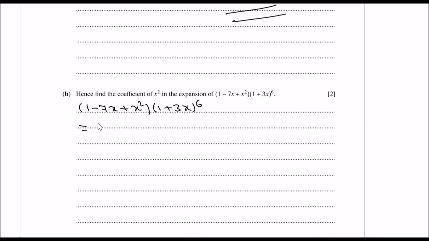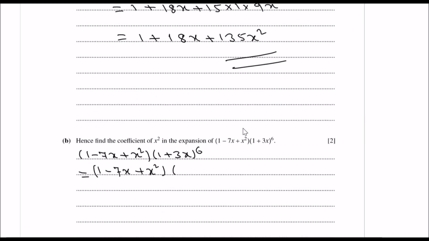So write this first bracket as it is, times the answer for upper part is 1 plus 18x plus 135x square.